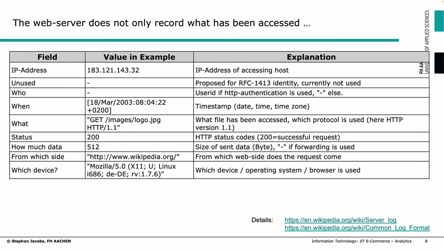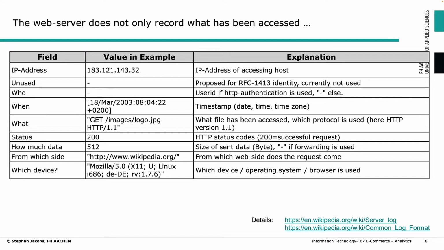And the next parameter is actually what is asked for. So here it could be logo.jpg, a JPEG file in the image directory, and it's requested using the protocol HTTP version 1.1.